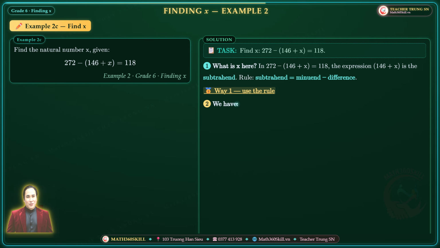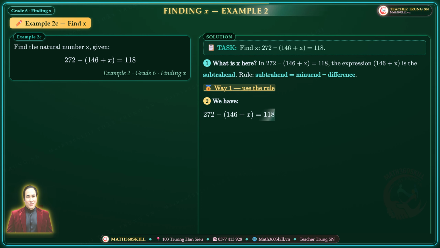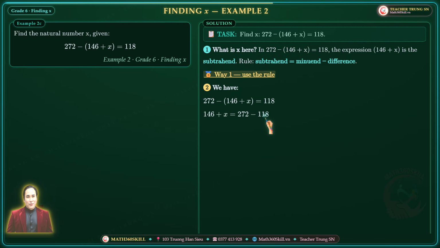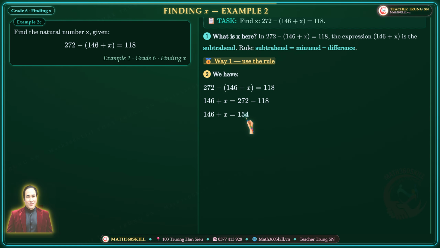We have 272 minus the bracket 146 plus x equals 118. So 146 plus x equals 272 minus 118. That is 146 plus x equals 154.